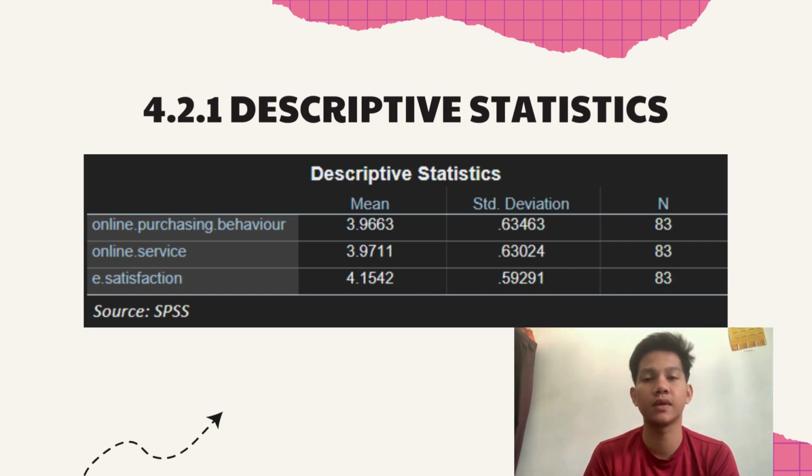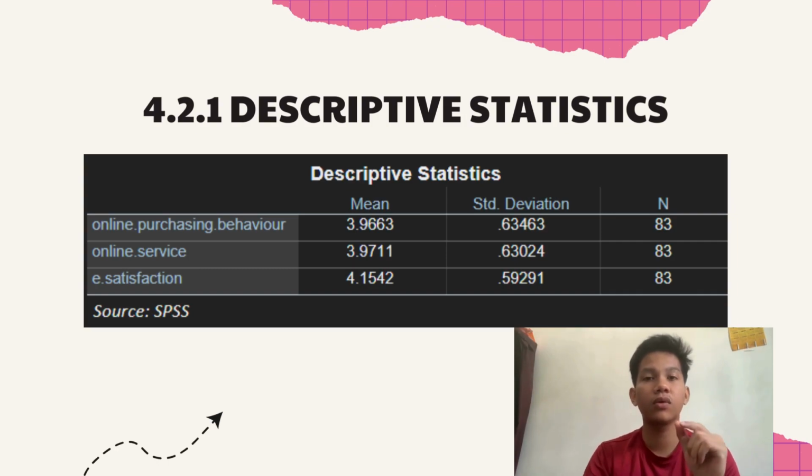Exclusively for USIM students. Descriptive analysis is a statistical method employed to summarize and elucidate key features of a dataset. In this context, the analysis focuses on interpreting the research objective specific to online shopping behavior among USIM students in the post-pandemic scenario.